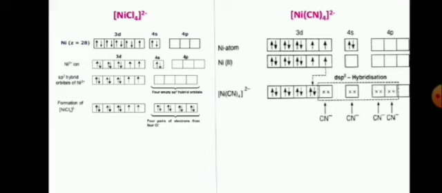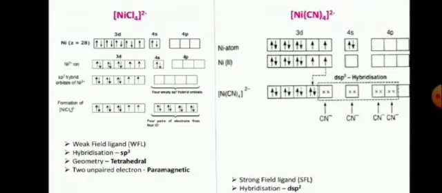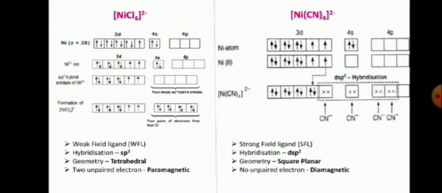Here there is no empty d orbital available. In CN4 there was an empty d orbital available, because CN forced the electrons to get paired. However, Cl cannot do that. So because of this, there is a change in the geometry, as the hybridization in NiCl4 is sp3, as there was no d orbital available.